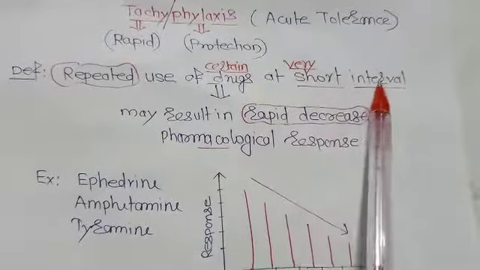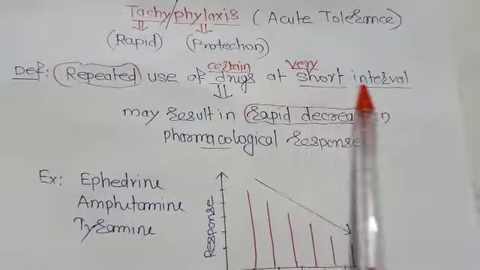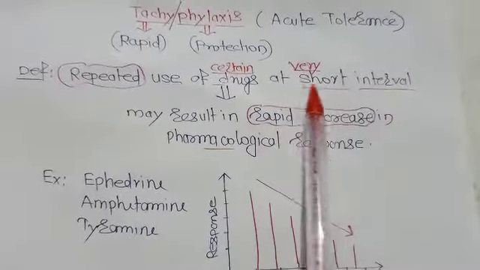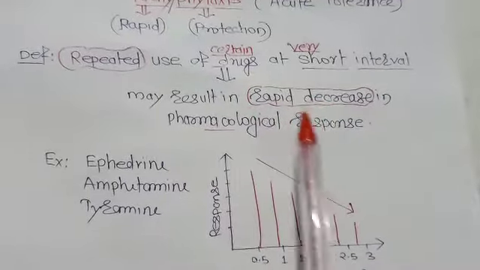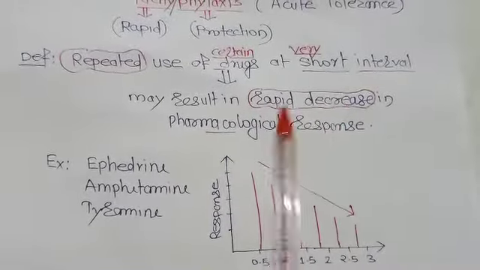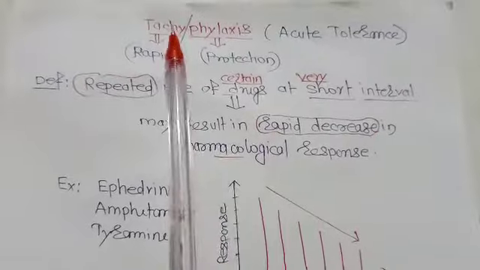This short interval is very important. You have to take the drug continuously or frequently, and that may result in a rapid decrease in the pharmacological response. That is called tachyphylaxis.